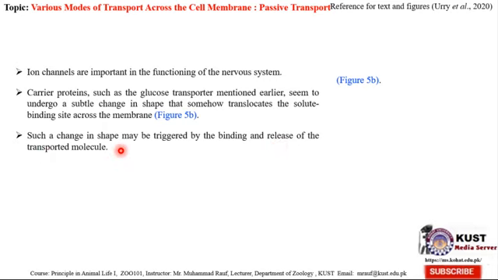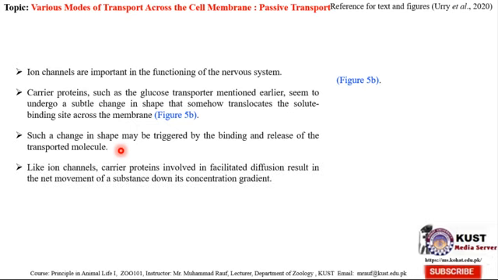So here in the case of carrier proteins, the molecule to be transported itself acts as a stimulus for the change in conformation. That is contrary to the ion gated channels.